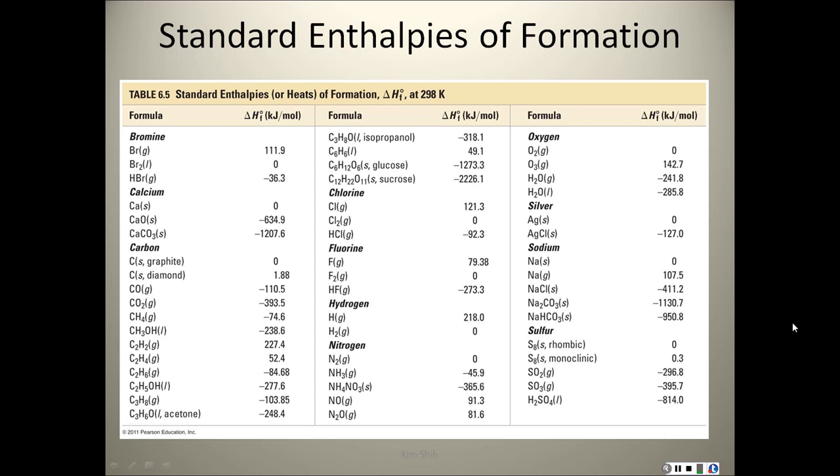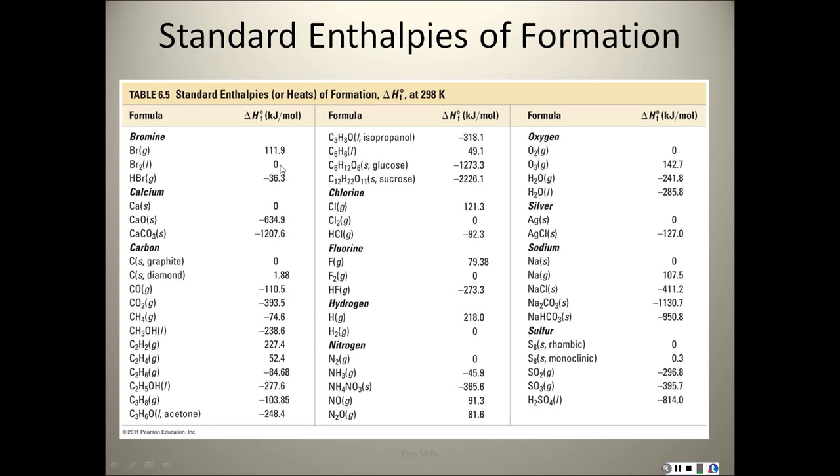So if you'll note with bromine, there's bromine gas, bromine liquid, which is its elemental form, right? Br2, it's one of those diatomics. And then, for example, HBr. And it gives you the heat of formation for all three of those. You'll notice that Br2, although it appears to be in a compound, it is a diatomic, and that is its elemental state.